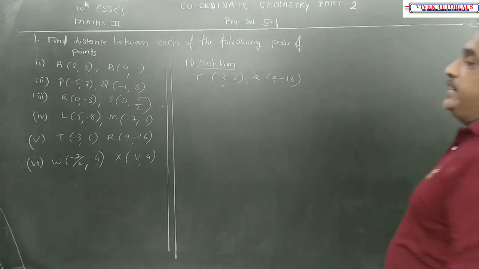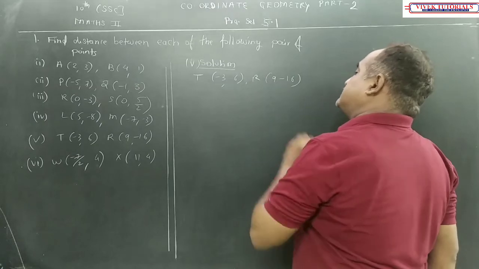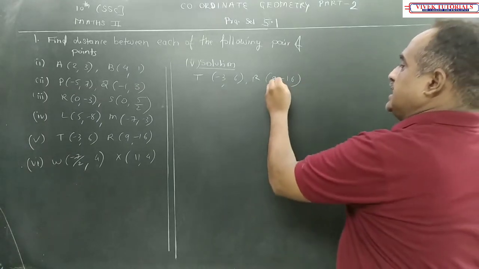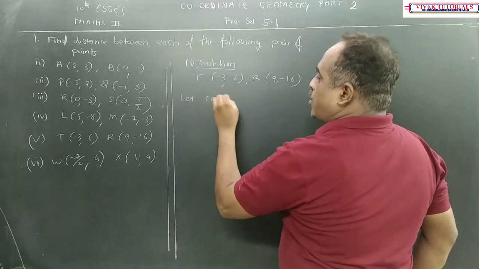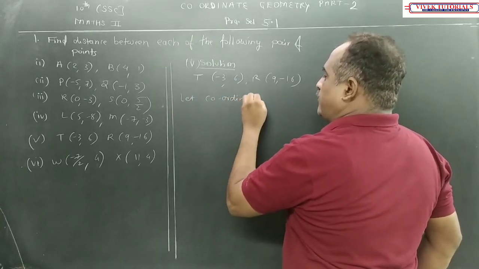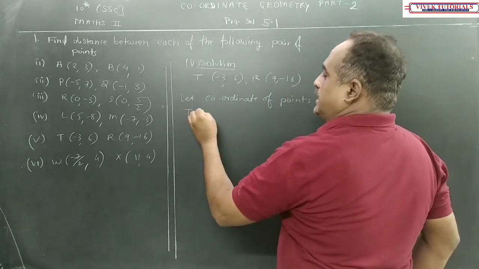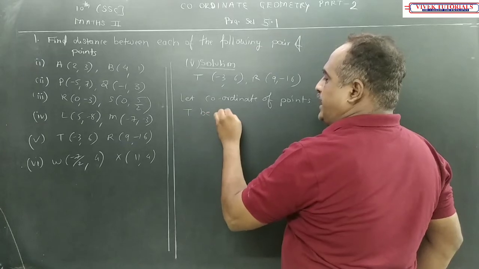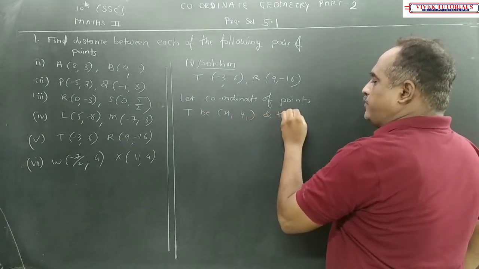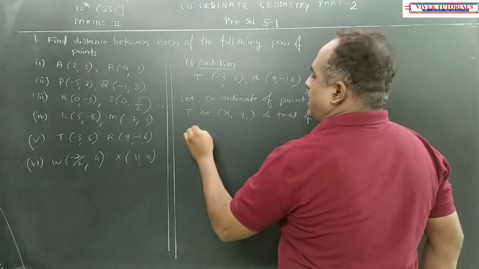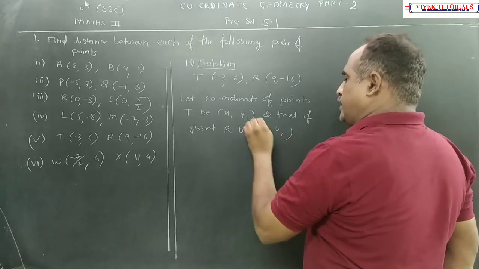Now, the next one is the fifth question. T has coordinates minus 3 and 6, and R has 9 and minus 16. What would I write? Let the coordinates of point T be x1, y1 and that of point R be x2, y2.